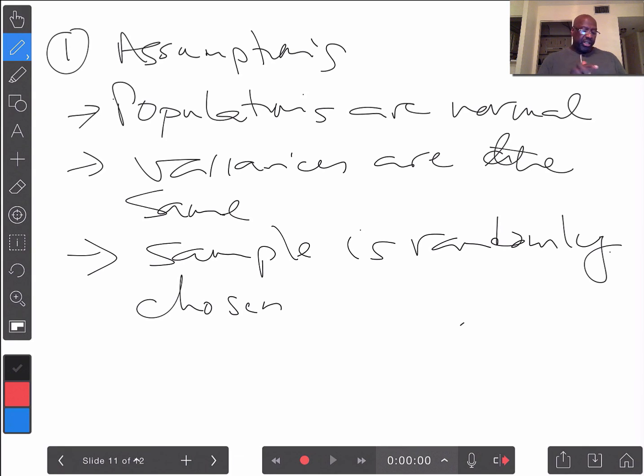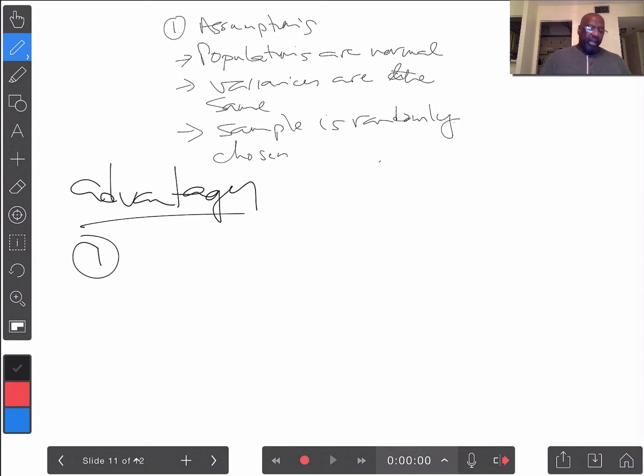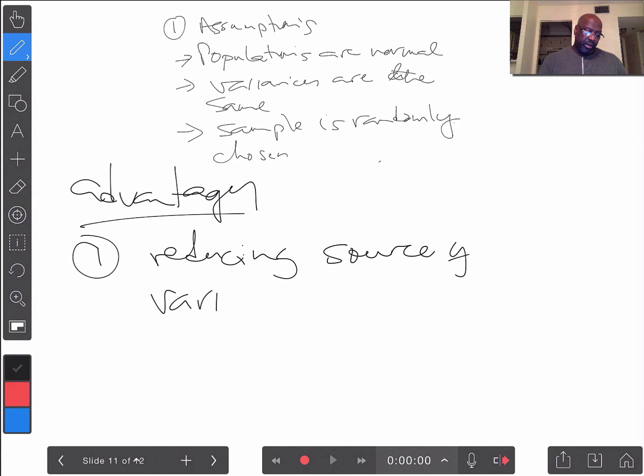What are the advantages of that kind of experiment? There's some advantages. One is reducing the sources of error or variation. Reducing sources of variation.